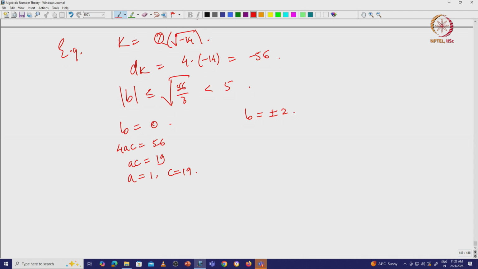plus minus 2, in which case 4AC, or let me write AC is 60 by 4, which is 15, and so A is equal to 3, B is equal to plus minus 2 and C is equal to 5, or you can have B to be plus minus 4, right, and then AC is 72 by 4, which is 18, and so there are no solutions here.